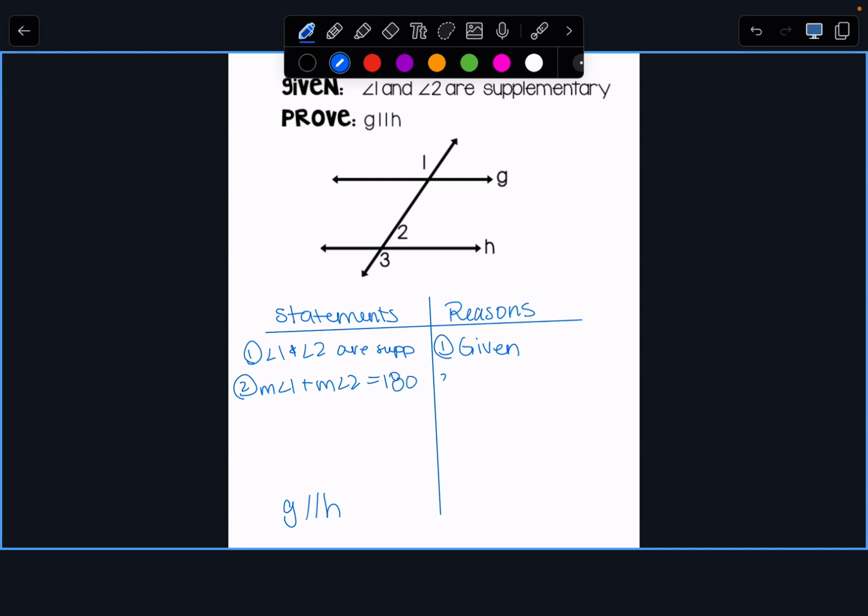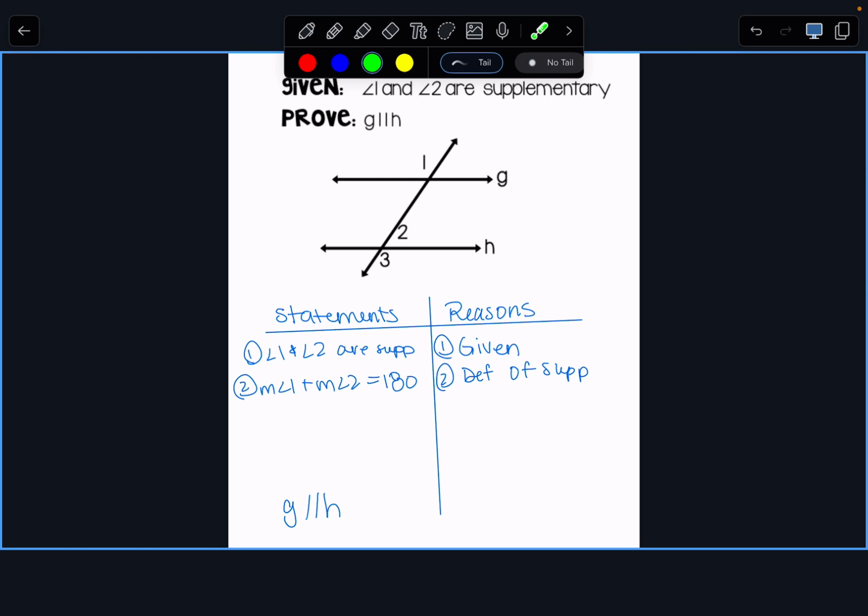And what's our reason? So we know that angle 1 and angle 2 are supplementary.